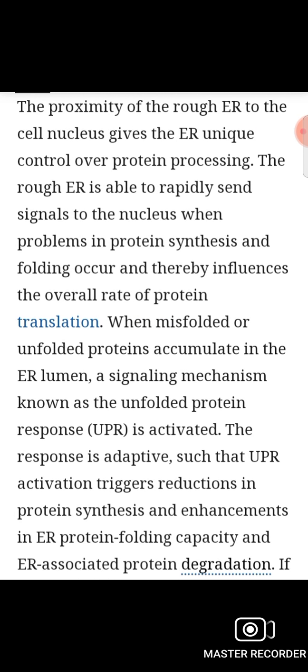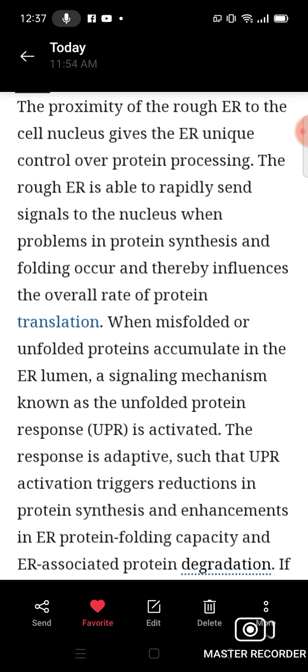The proximity of the rough endoplasmic reticulum to the cell nucleus gives the endoplasmic reticulum unique control over protein processing. The rough endoplasmic reticulum is able to rapidly send signals to the nucleus when there are problems in protein synthesis. Suppose a problem occurs in the synthesis of the protein due to the internal or external environment.